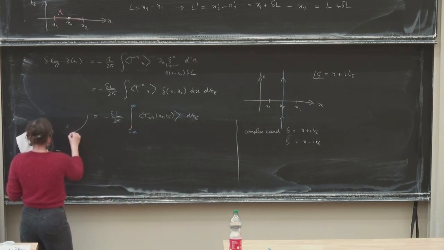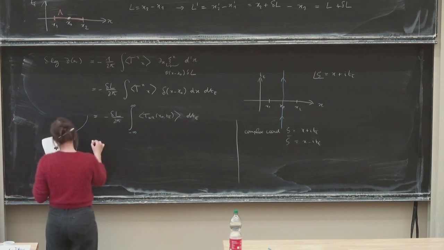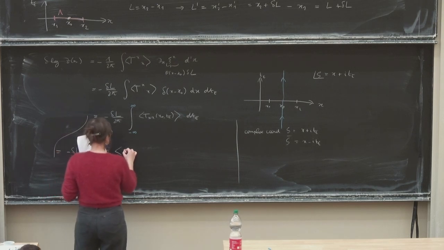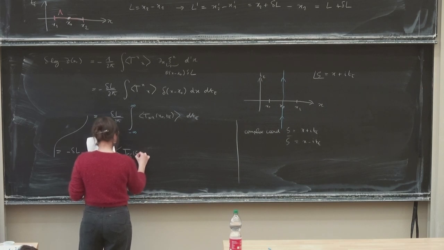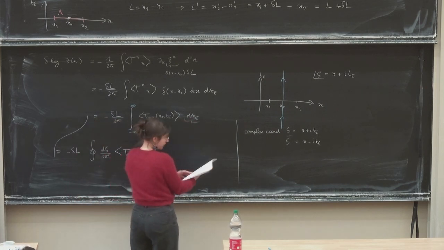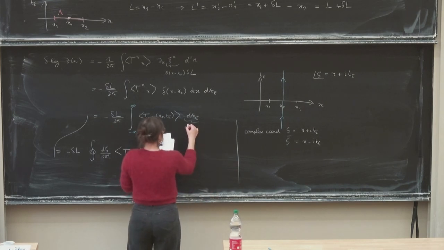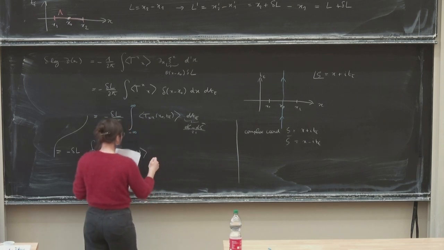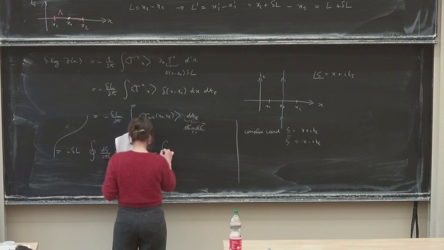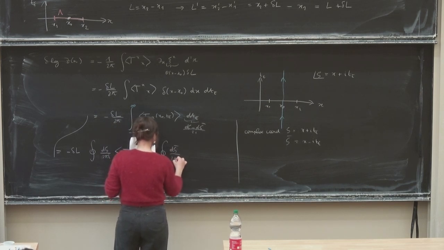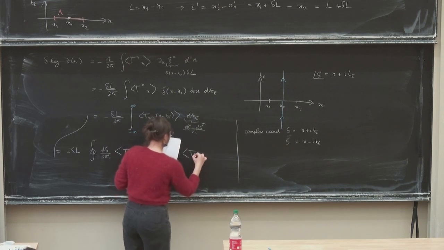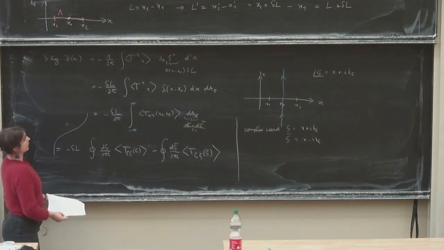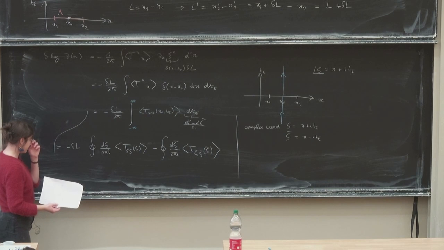And then this will become minus delta L, d zeta over 2 pi i, like d zeta minus d zeta bar over 2. If you just go to complex coordinates, this is what you'll find.